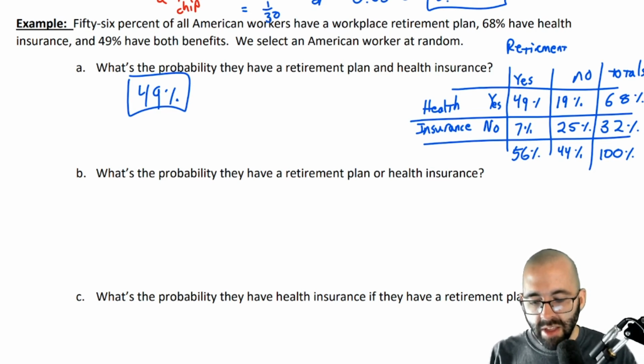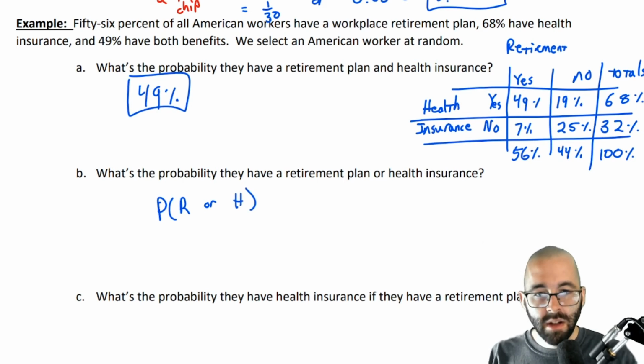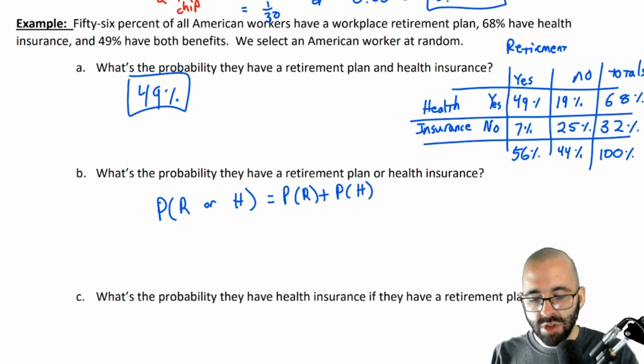What's the probability that they have a retirement plan or health insurance? So there's two ways. You could look at the contingency table, or you can do it without it. Probability of retirement plan or health insurance. These aren't mutually exclusive, so it's going to be the probability of a retirement plan plus the probability of health insurance minus the probability of both.